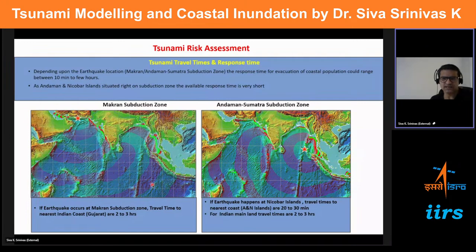Within these 2 to 3 hours, I have to analyze the earthquake, see which earthquake it is, generate the initial deformation, and solve the phenomenon. I have to calculate the wave height eta at different locations and give a warning whether the earthquake is leading to a tsunami or not. If it is leading to a tsunami, what locations are getting what height, and what areas are going to get inundated. So these are my interests.